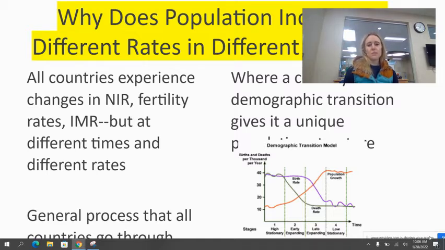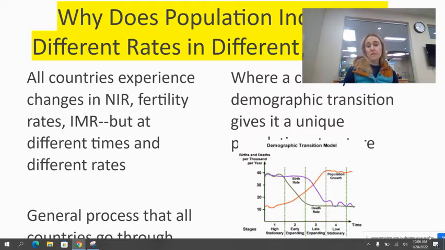All countries experience changes in NIR, the natural increase rate, and in fertility rates and infant mortality rate, but often at different times and at different rates. You did the World Population GeoInquiry last week, and you noticed that countries have a wide variety of different natural increase rates.